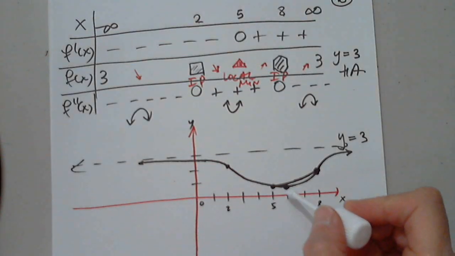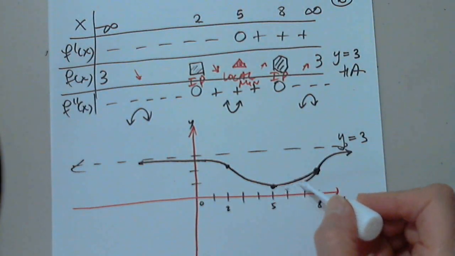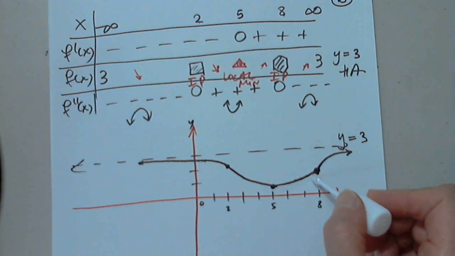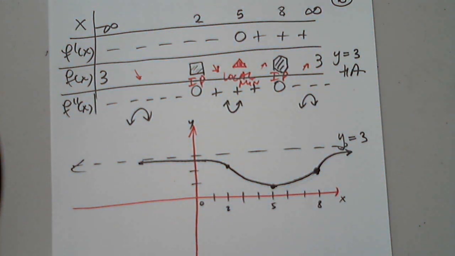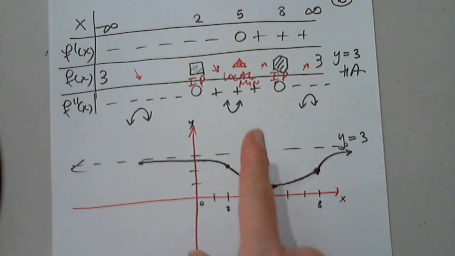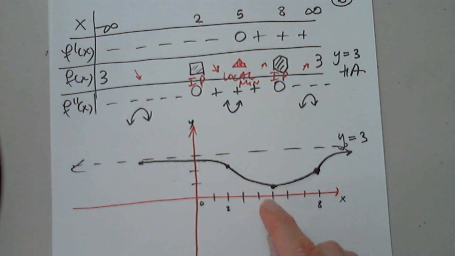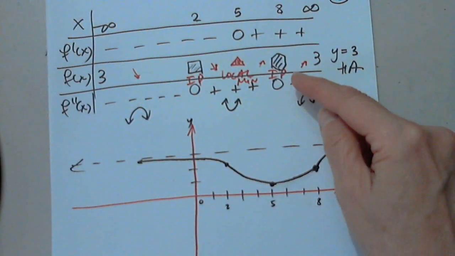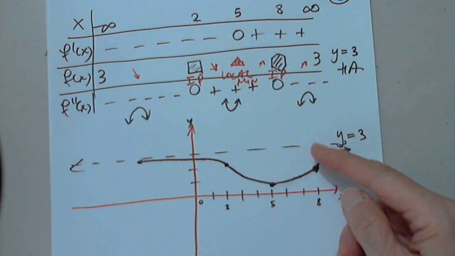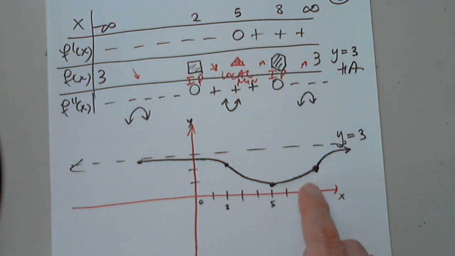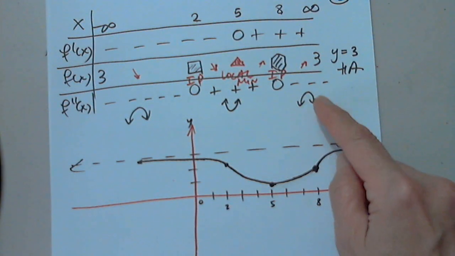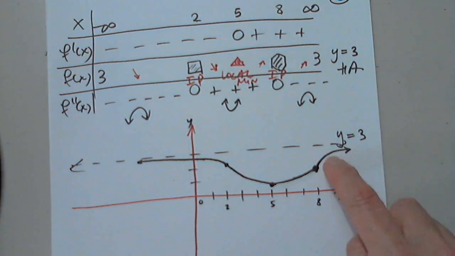It has to have the minimum at 5. So it reaches the minimum at 5, local and absolute in this case. It comes up to the inflection point 8 comma whatever you want, higher or lower, but not lower than this value. And then it changes concavity and approaches the asymptote, closer and closer to 3.